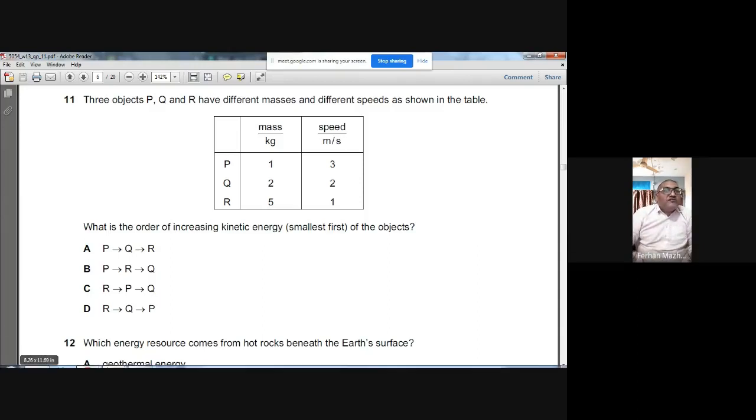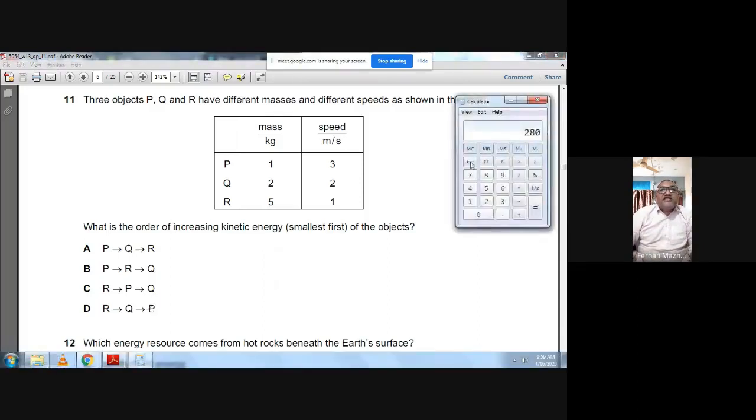We have three objects. Let's calculate their kinetic energy. For example, for the first, the mass is 1, the speed is 3. So I have to square it, so 3 multiply 3, and then I will divide it by 2. So the kinetic energy of P is 4.5. The next one, the mass is 2, the velocity is 2, so I will square it and then divide it by 2.